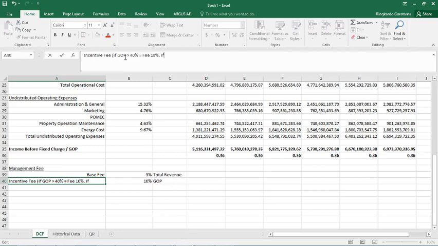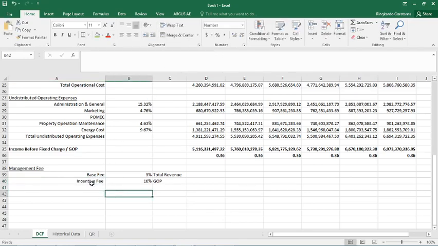If GOP, let's say 30% to 40%, fee is only 5%. So let's say we use this assumption, or I just copy it and put it in the comment.